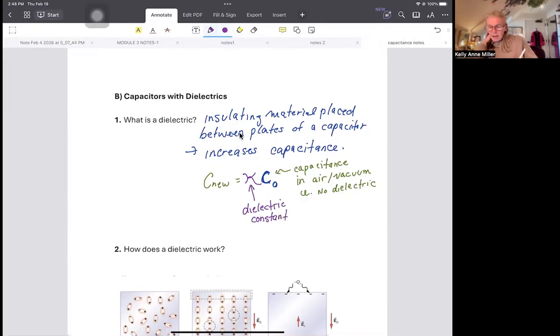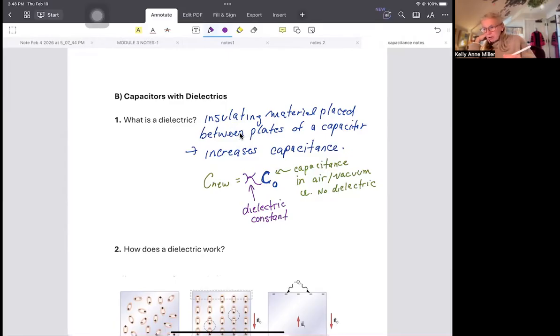And it's basically a factor by which the capacitance increases when you insert the dielectric of that material. So different kinds of insulators have different dielectric constants.